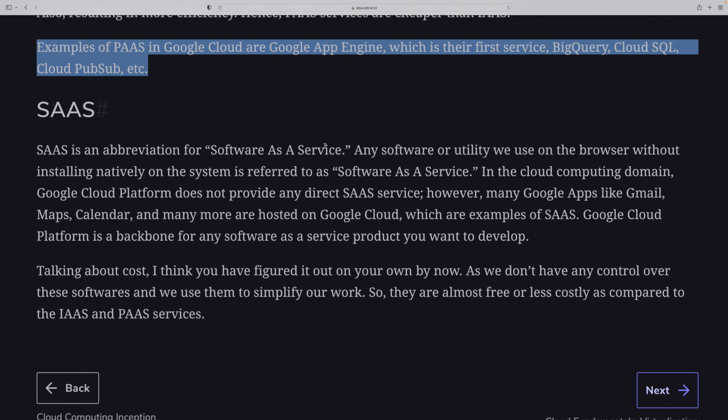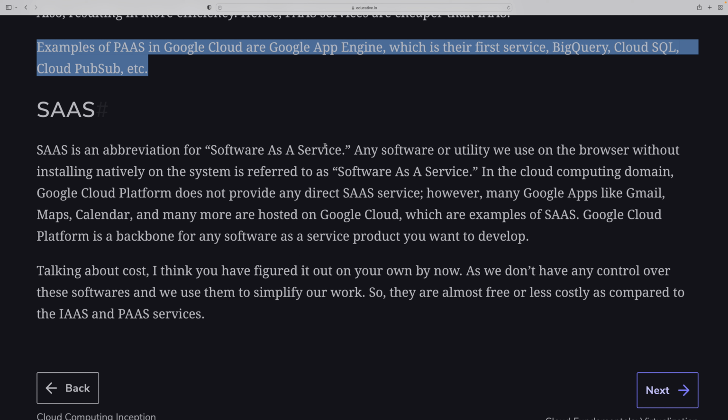Okay, so now SaaS is the abbreviation of software as a service. Any software or utility we use in the browser without installing it natively on the system is referred to as software as a service. Most of the cloud services we use, like Gmail, Maps, Calendar, are all hosted in GCP. These are examples of SaaS. The GCP platform is the backbone of all the software service products you want to develop.